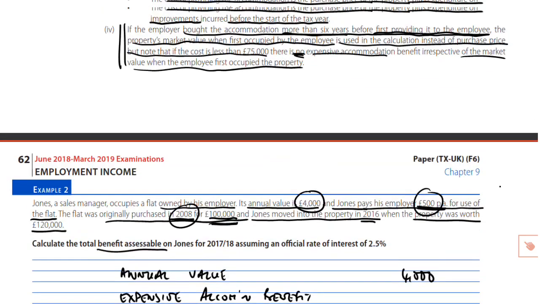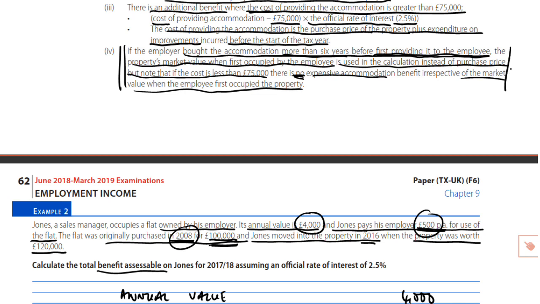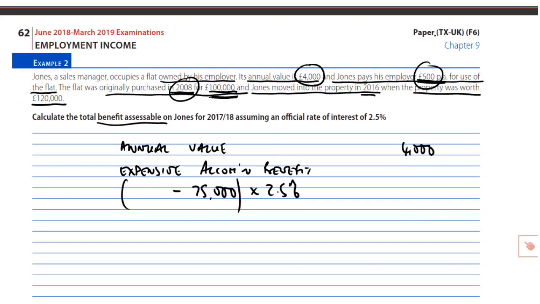Right, go back and read this again. If the employer bought the accommodation more than 6 years before first providing it to the employee. Right, let's have a look at what we've got. They bought it in 2008, provided to the employee, this employee, in 2016.